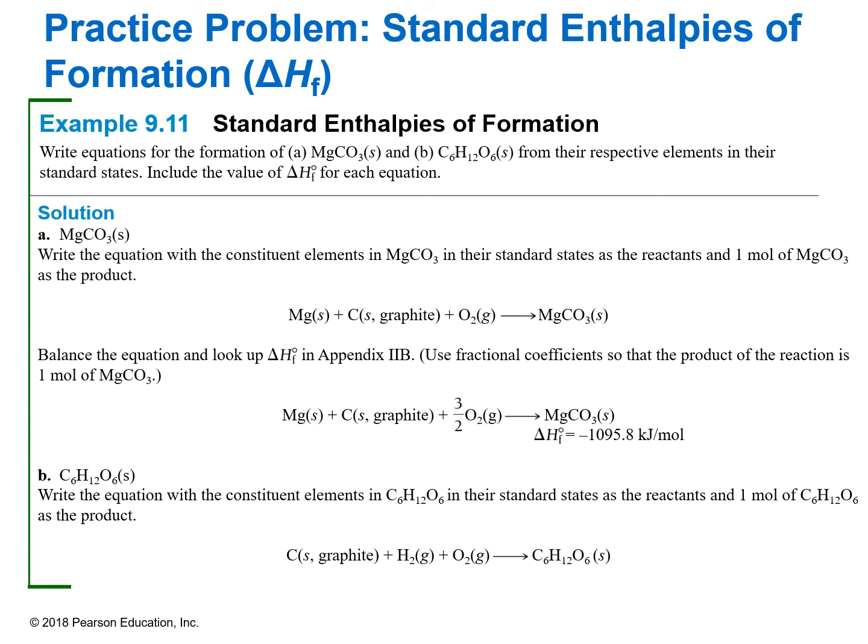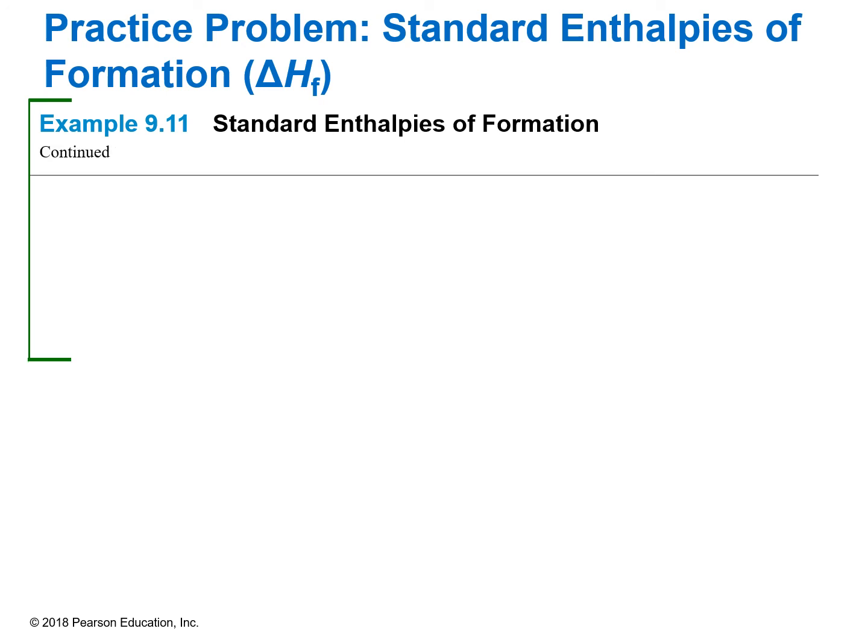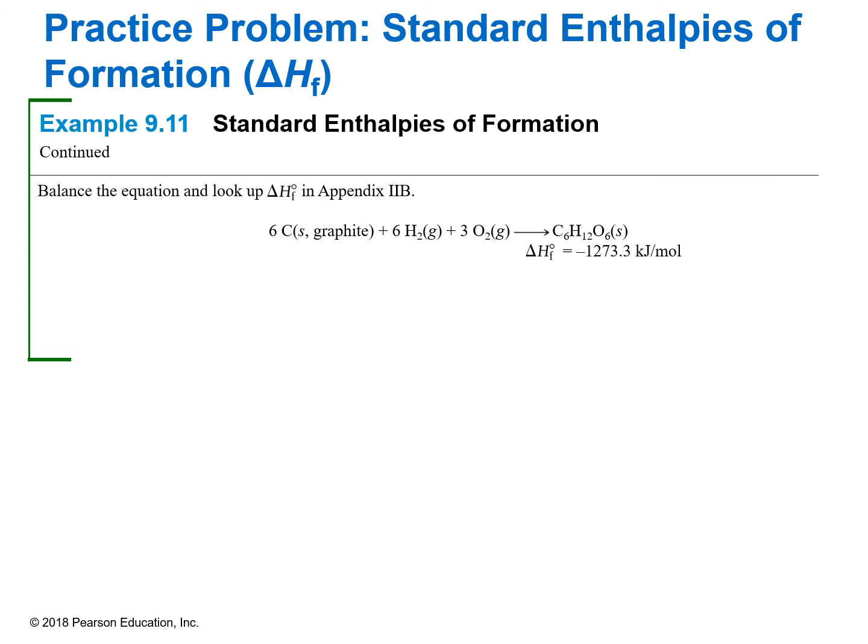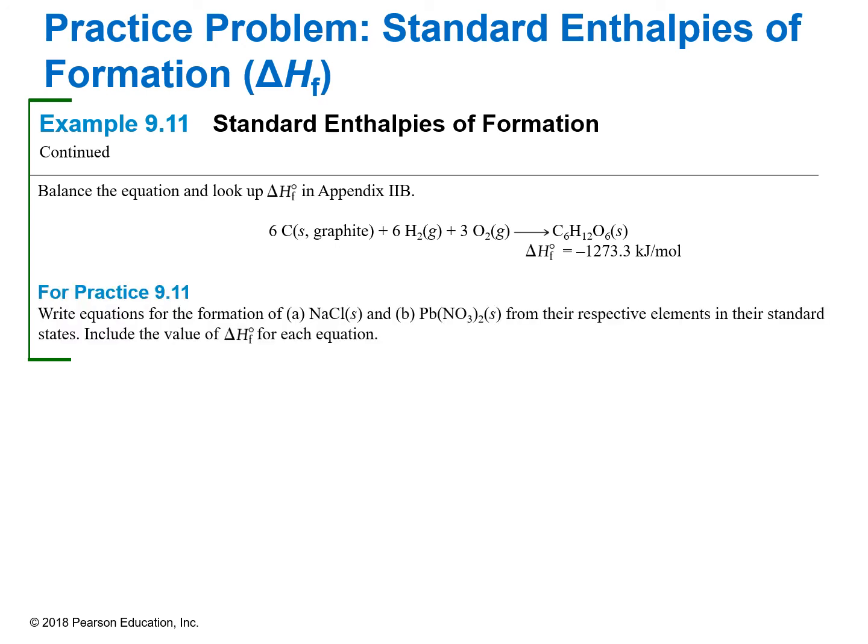So balancing the equation is probably going to be the most difficult thing that we deal with. I don't think it's really going to be that hard with this one. Let's go to the next slide and see. So we're going to need 6 carbons, 6 hydrogens, and 3 oxygens, and then we're balanced. Oh, and where did I get this number? This number right here? I just pulled it off the chart in the back of the book. There you are. Example 9.11, not that hard.